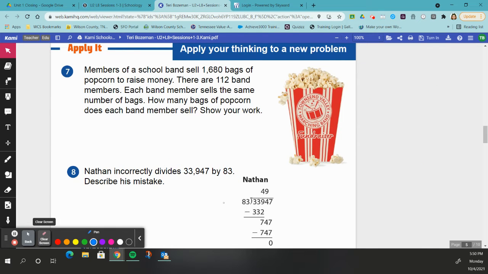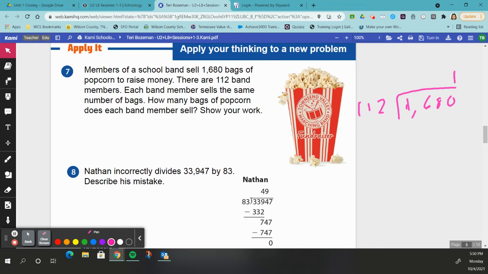Let's take a look at what this looks like with partial quotient. So we have 1,680 being divided by 112. And we decided that, okay, we could do times 1, right?